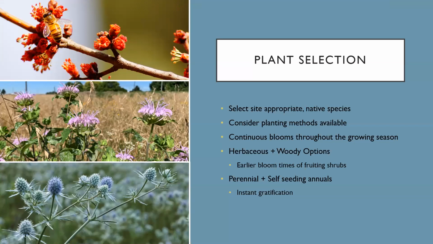The focus is providing nectar in the spring all the way through the fall. And then in the fall, if you're using some woody vegetation, you'll get those great fruits and seed set that birds and other wildlife can utilize. We also incorporate warm season grasses into most of our plantings. This provides some habitat structure and also helps to provide those bare ground spaces in between some of these plants that are coming up.